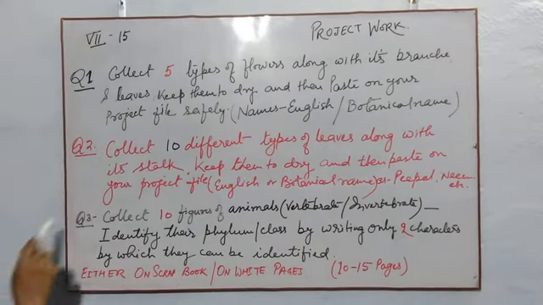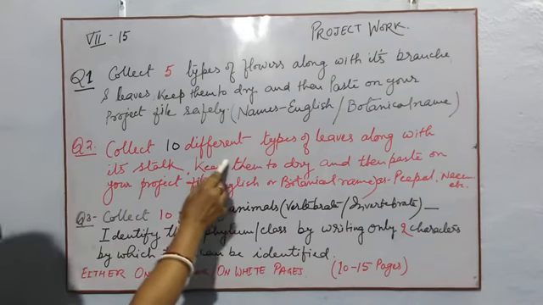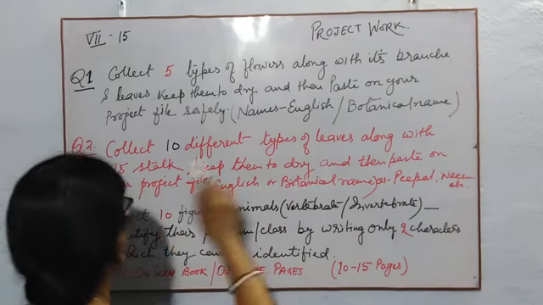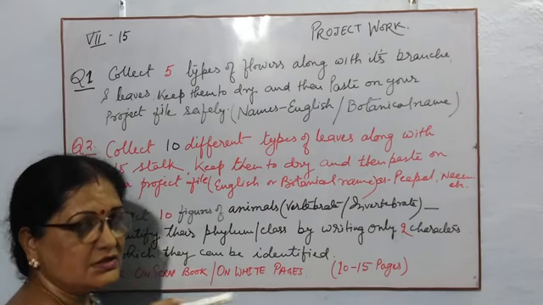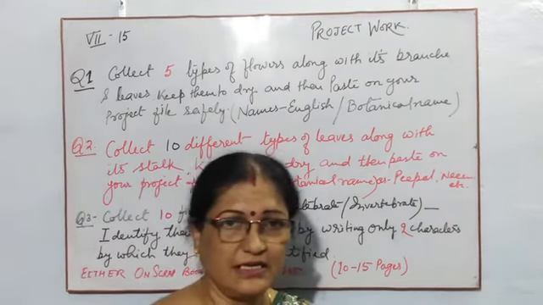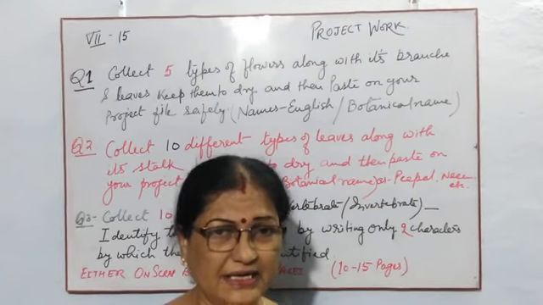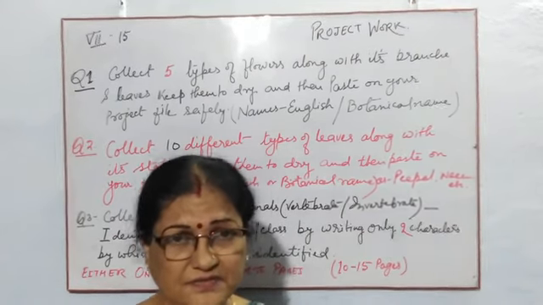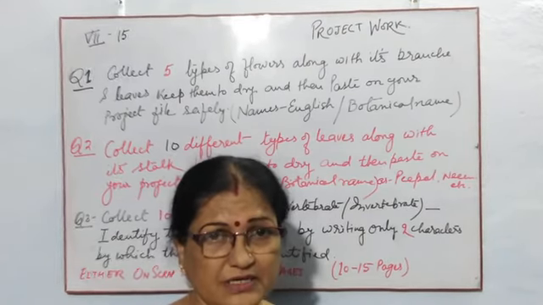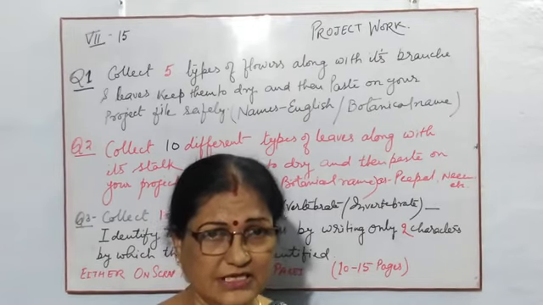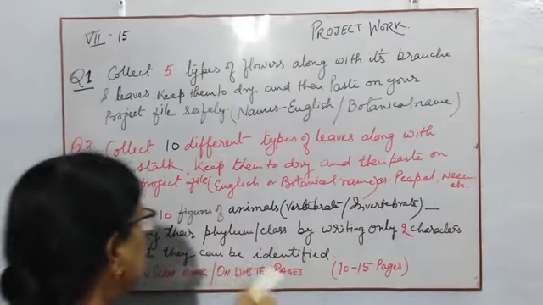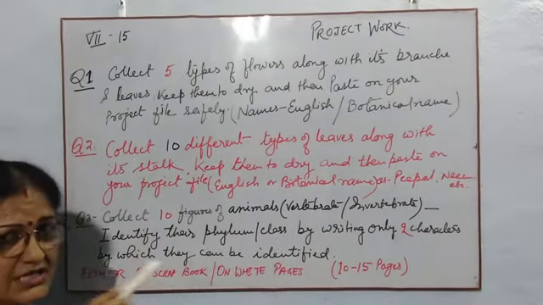Question number 2. Collect 10 different types of leaves along with its stalk. You have to collect leaves, for example mango leaf, papaya leaf, neem leaves, curry leaves, peepal leaves, all these things, along with the stalk, meaning it should have its stalk.